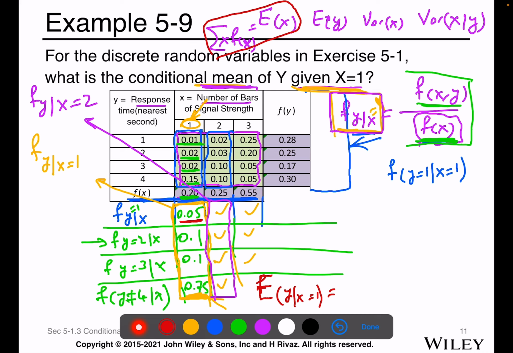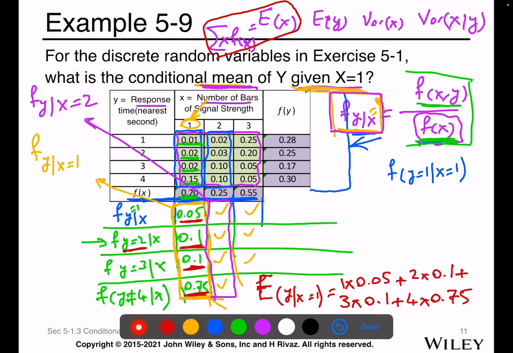So 1 times 0.05, plus this number times y equal to 2: 2 times 0.1, plus now this guy, 3 times 0.1, plus 4 times 0.75, right?